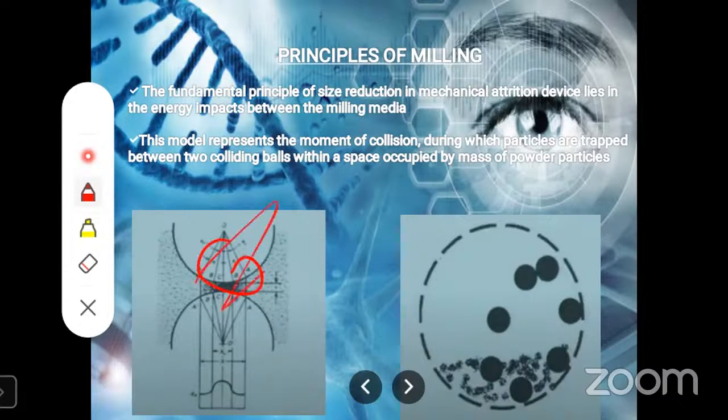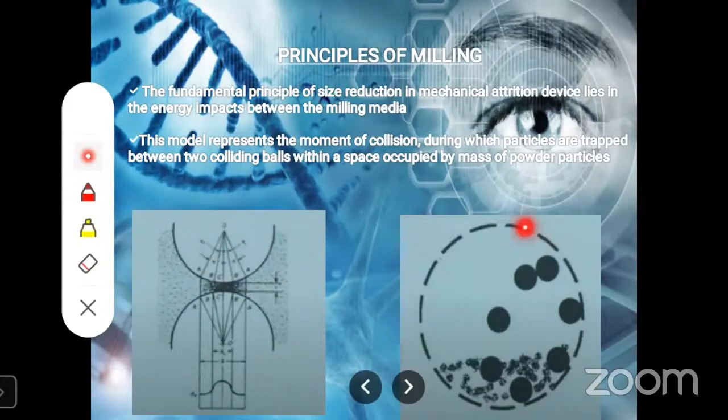You can see, right, the two half balls. So I'll use the cursor here. So the powder is trapped between the two colliding balls. Within that, the space is occupied by the mass of powder particles. So this will tell you how mechanical milling works.